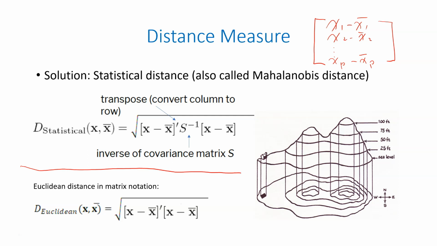The notation apostrophe here represents the transpose operation, which simply turns the column vector into a row vector like this: x1 minus x1 bar and x2 minus x2 bar, and all the way to xp minus xp bar.